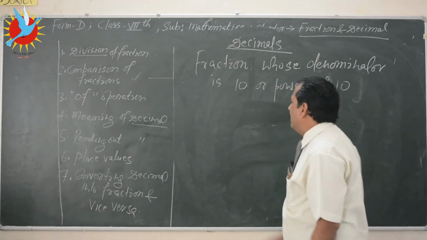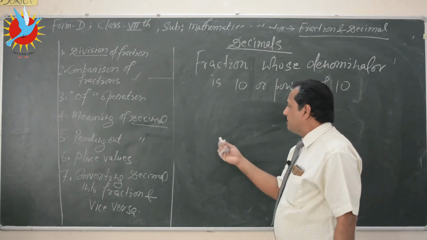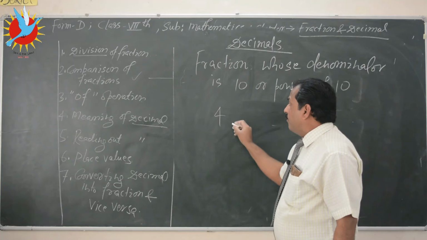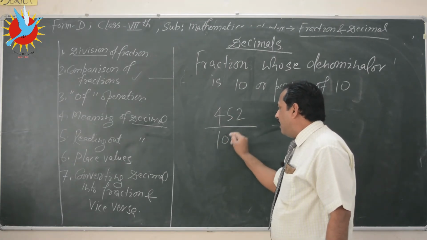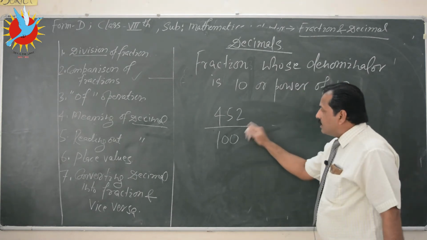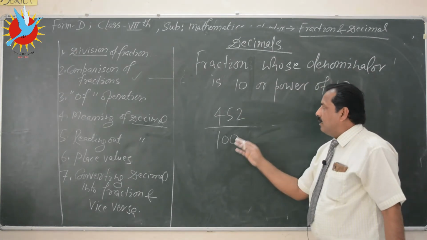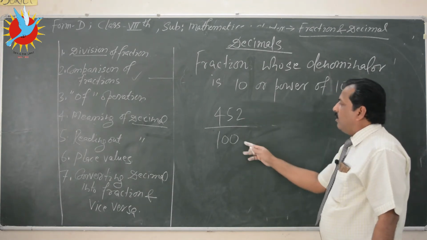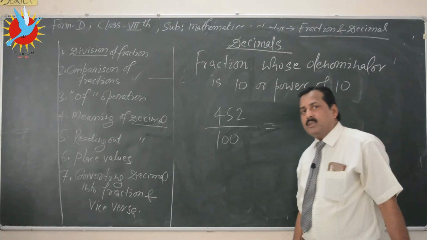Then we shall come to do different operations. For an example, suppose this 452 divided by this 100. So this fraction is also having denominator as 10 or power of 10. So it can be converted into decimal.